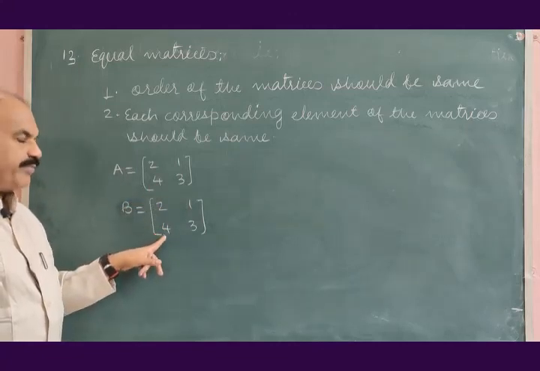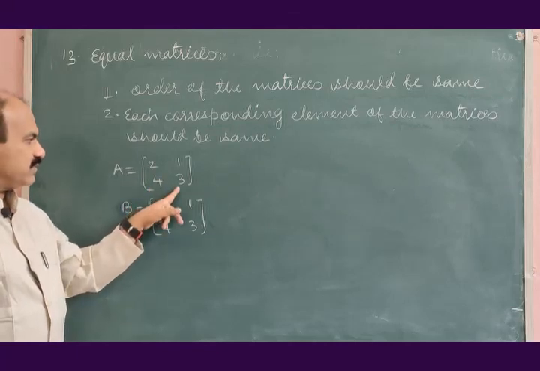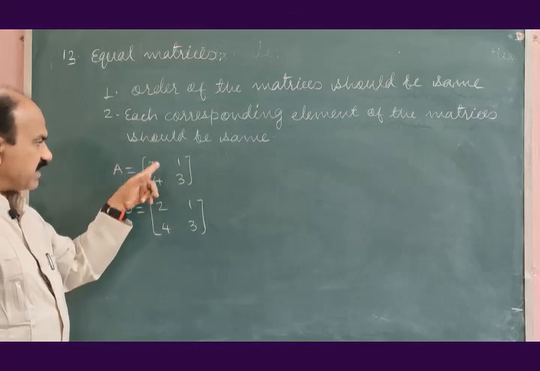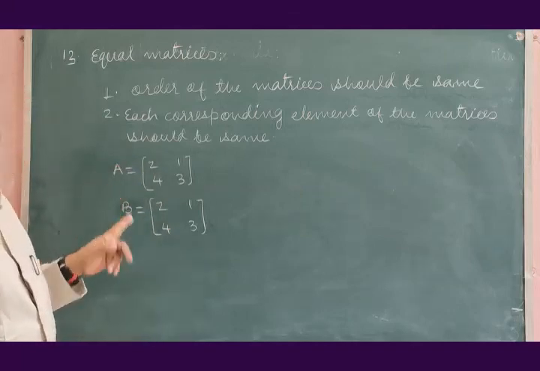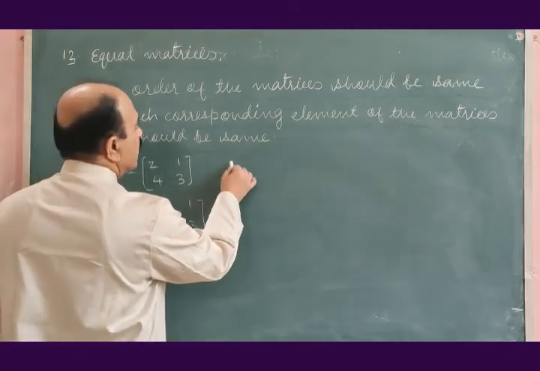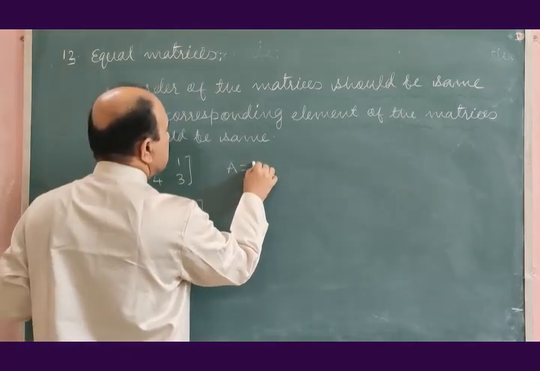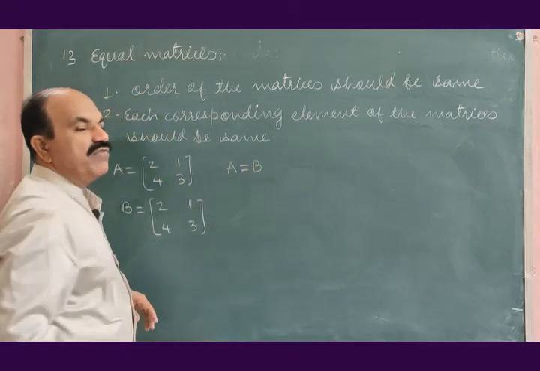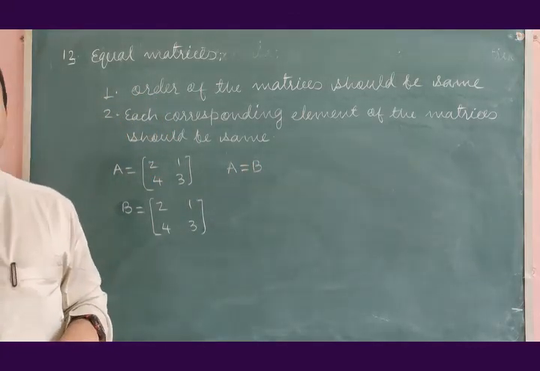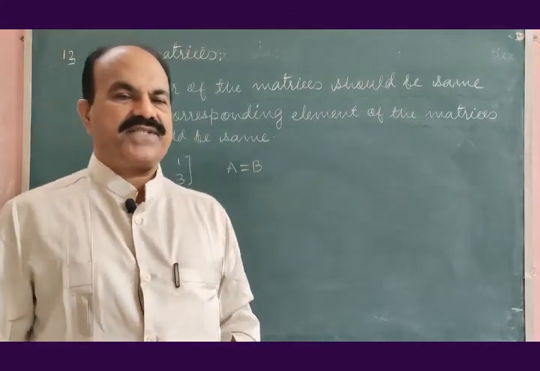A21, 4, B21, 4. A22, 3, B22, 3. It means that all the corresponding elements of these two matrices are same, and therefore we can say that matrix A is equal to matrix B, or matrices A and B are equal matrices.